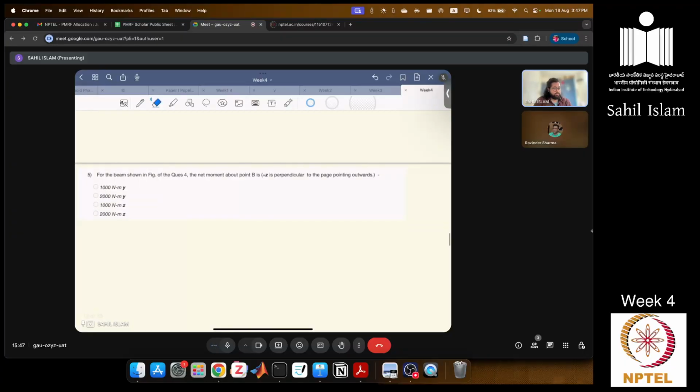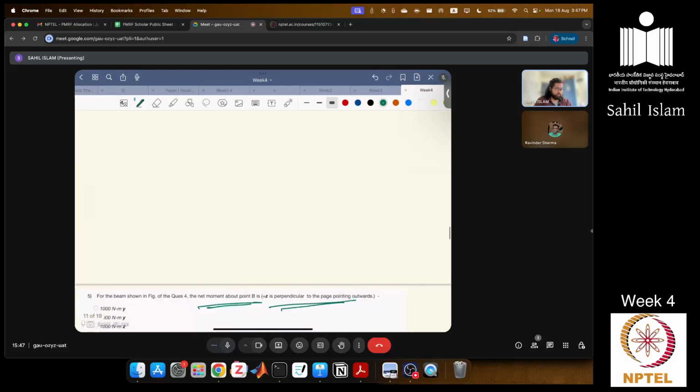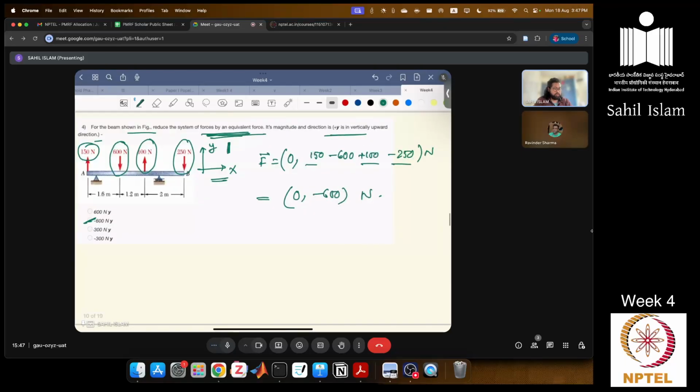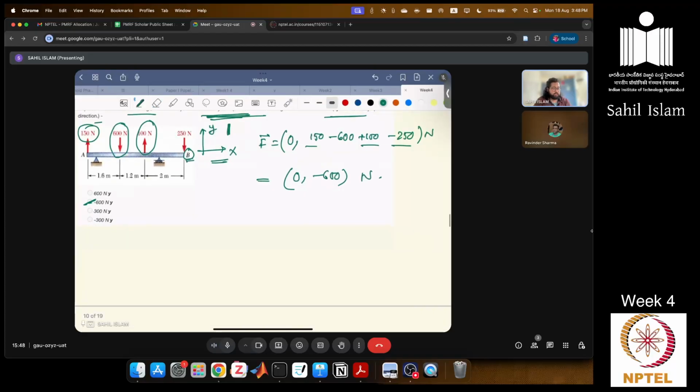For the beam shown in figure 4, the net moment about point B in plus z cap direction is. So you have to calculate the net moment about this point B. Moment is nothing but torque, and it's R cross F basically. So there will be a sum of all the moments from all the forces.